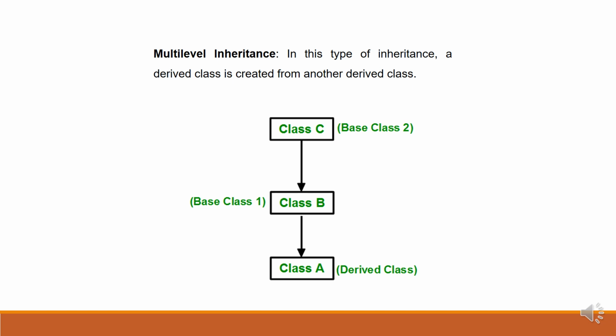It can be thought of as single inheritance extended to multiple levels. So here in the figure we can see that class B is a derived class of class C and class A is a derived class of class B.